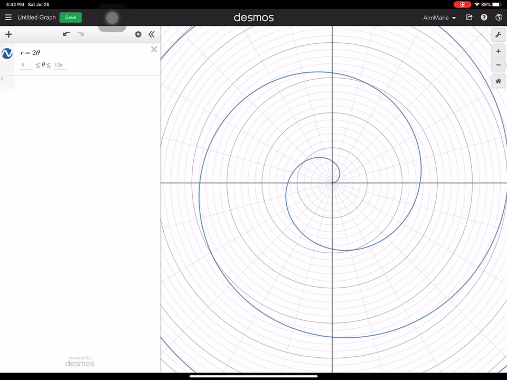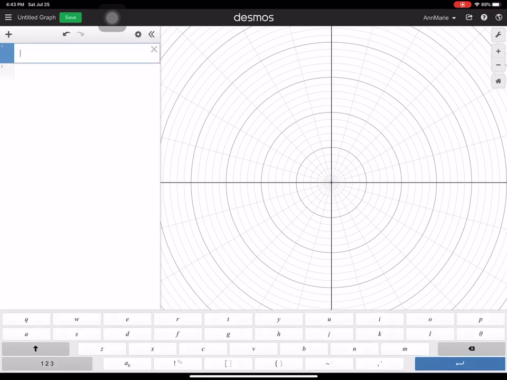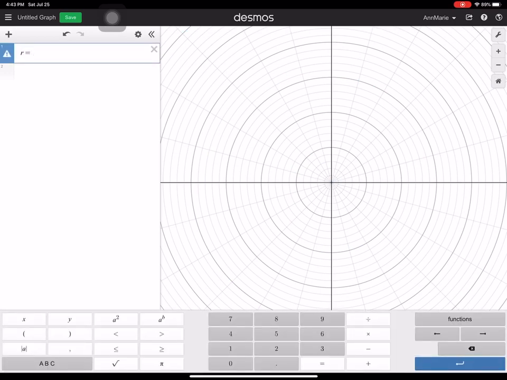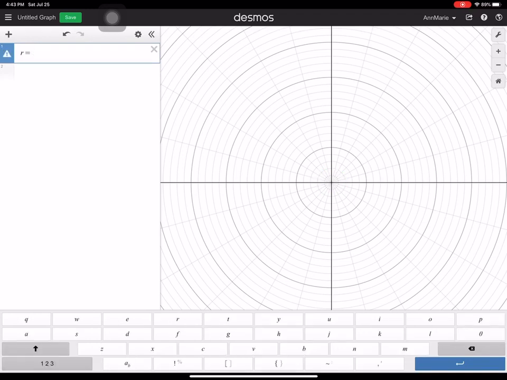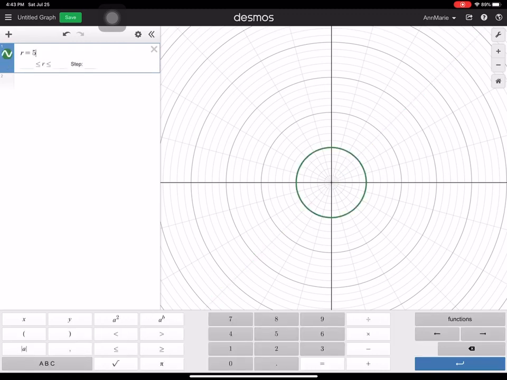Now I want to give you some basic shapes. So if we have r equals any number, we get a circle centered at the origin.